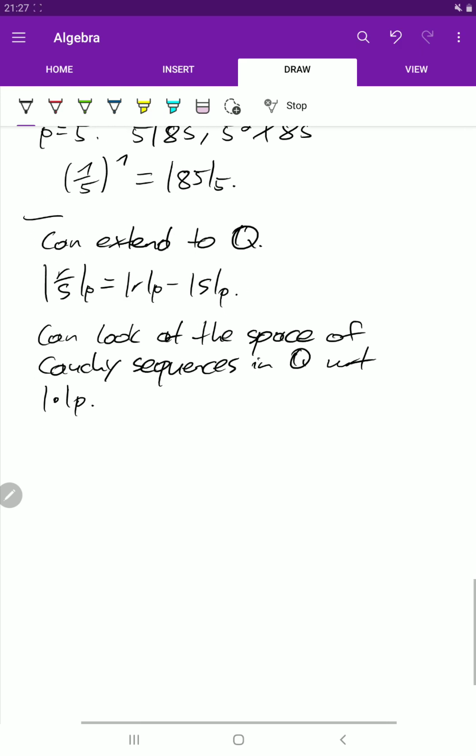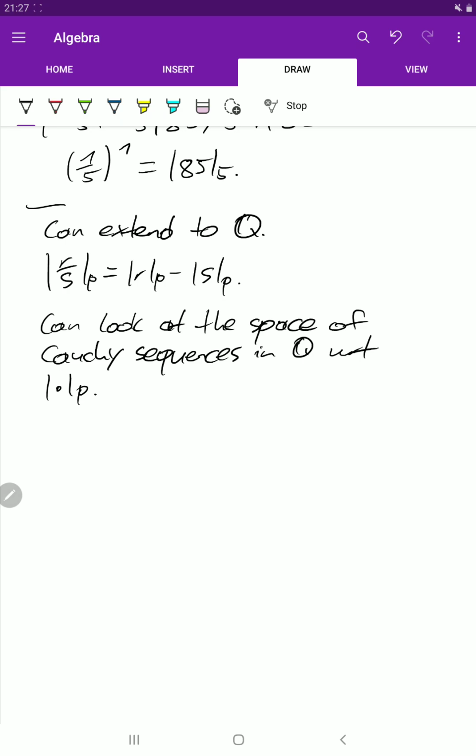Usually for the real numbers we do this with respect to the usual norm we know. So how do we do completion? Completion is the following. We basically take Cauchy sequences and identify null sequences, so sequences that converge to 0.